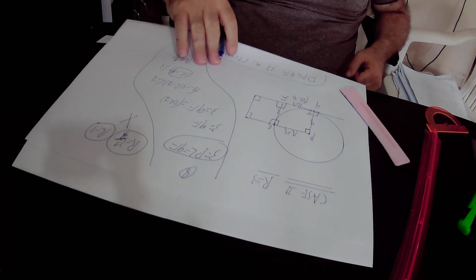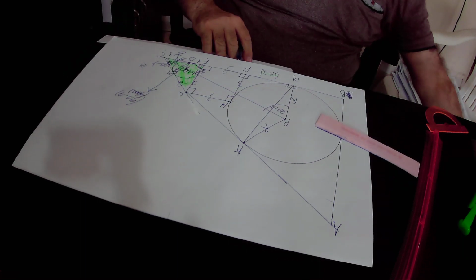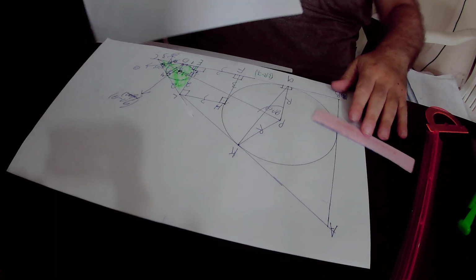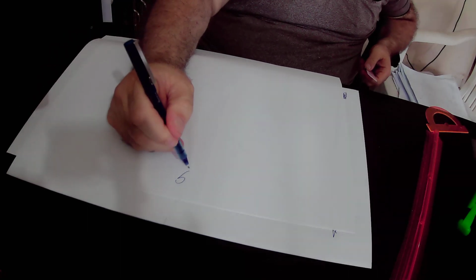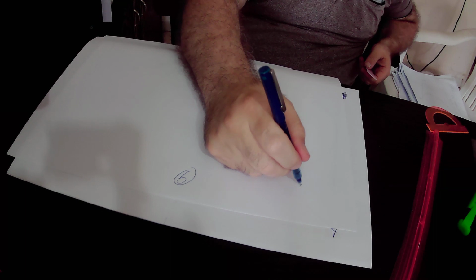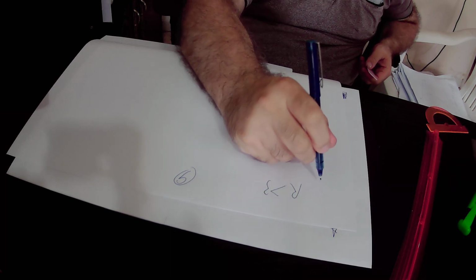So we are left only with the third case, that R is greater than 3 units. So if R is greater than 3 units, then I will draw a circle with a radius greater than 3 units.